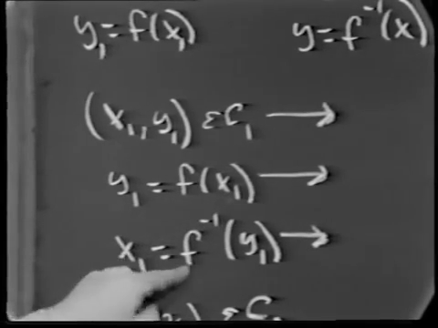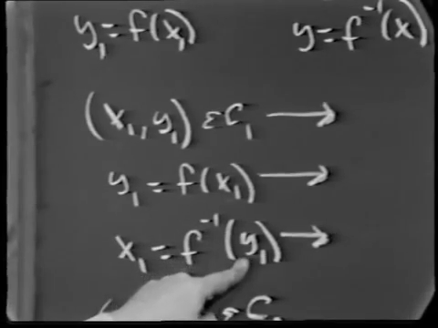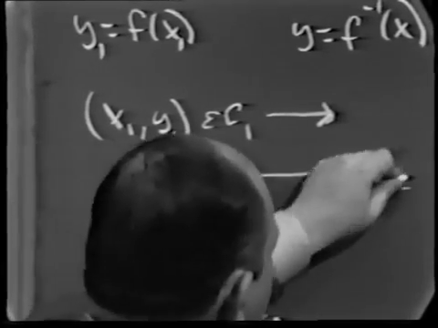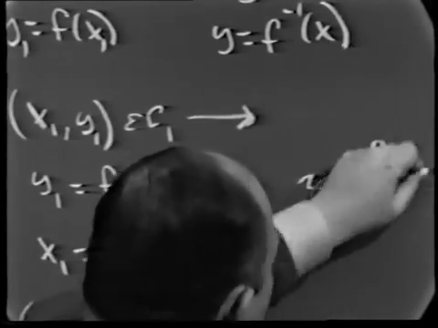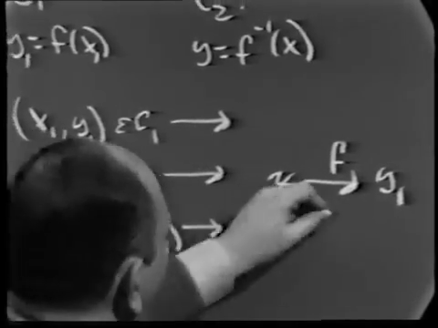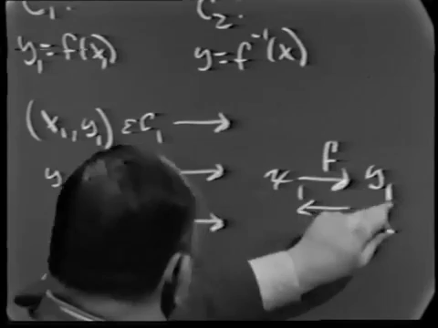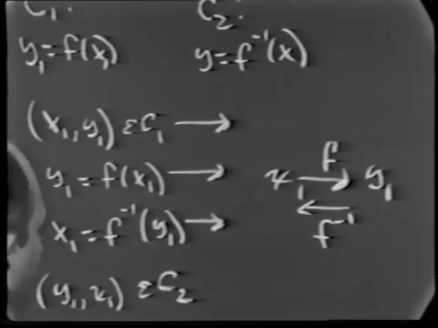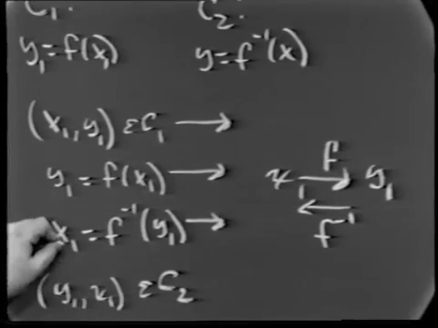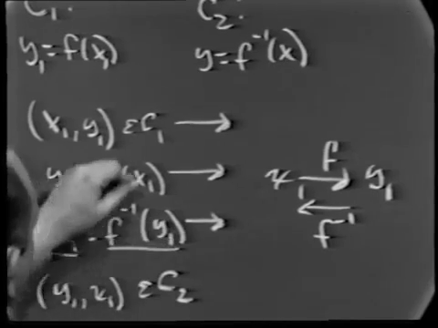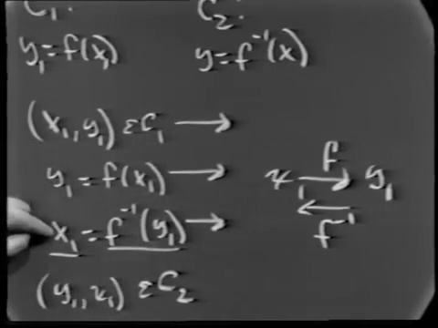That x1 is f inverse of y1. In other words, again, if f maps x1 into y1, f inverse maps y1 into x1 by definition. Now you see, compare this with the curve C2.